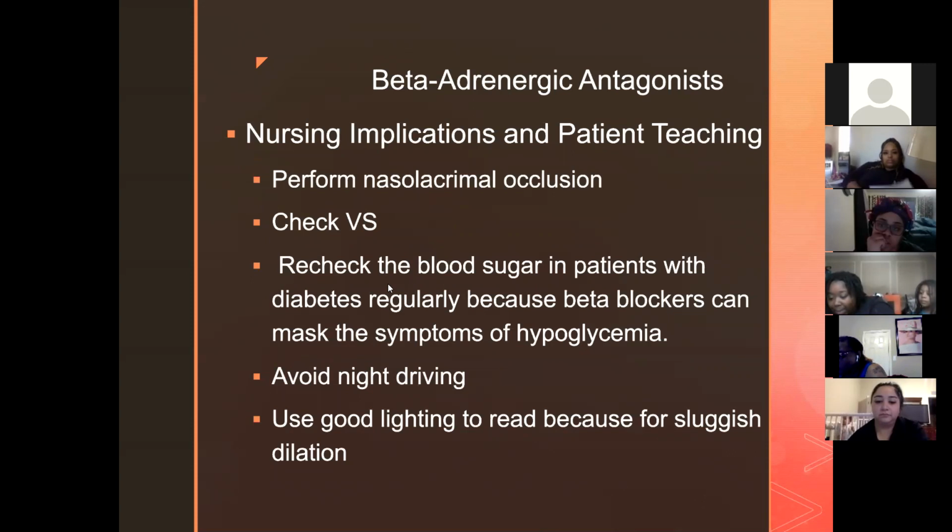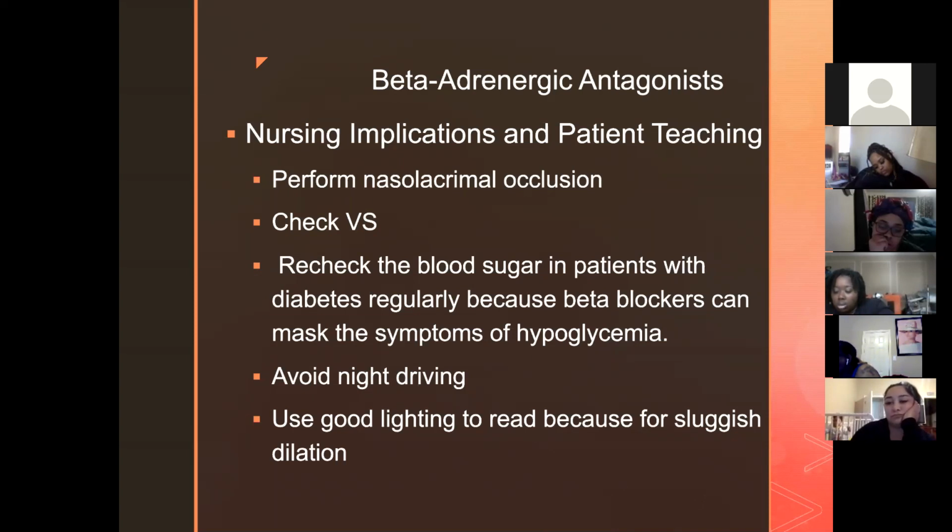Like we said, we're going to perform that nasolacrimal occlusion, which means you'll put a little bit of pressure right there by that nasolacrimal duct where we showed you yesterday once you give those eye drops, because you don't want this going systemic. Once you give it, make sure you're checking those vital signs to ensure that you don't have a drop in your blood pressure or your heart rate, all right?